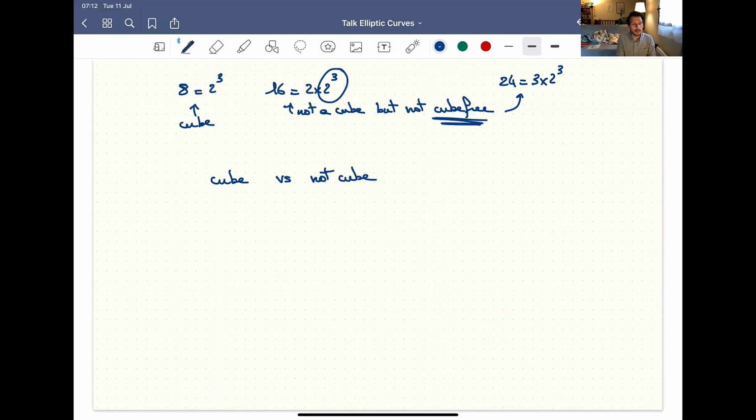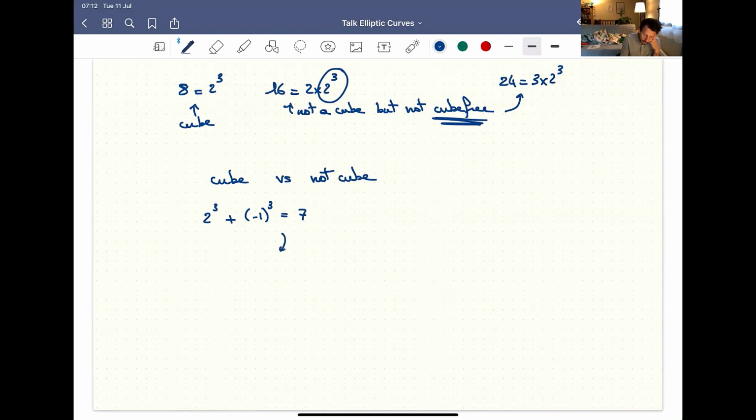Do we have an example of this phenomenon? Let me think. Okay, let's say we have, well, we've already discussed this, 2 cubed plus minus 1 cubed. This is 7.